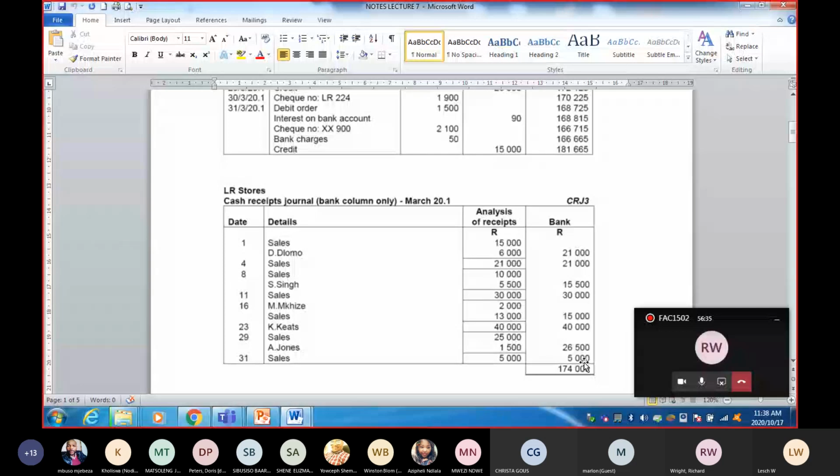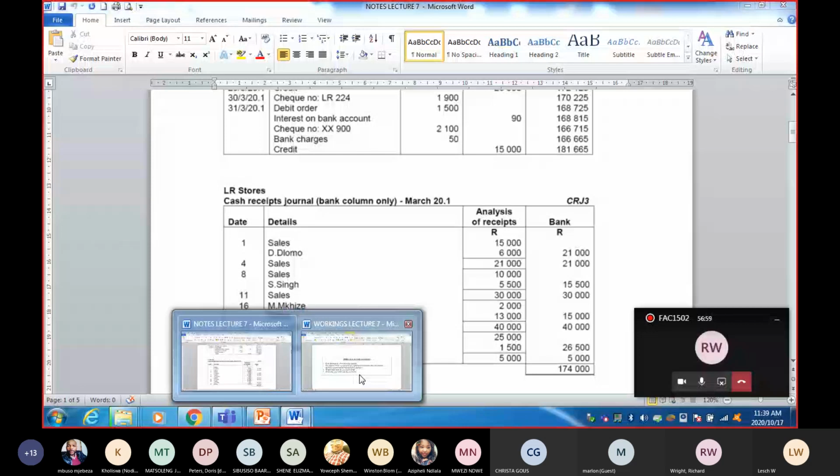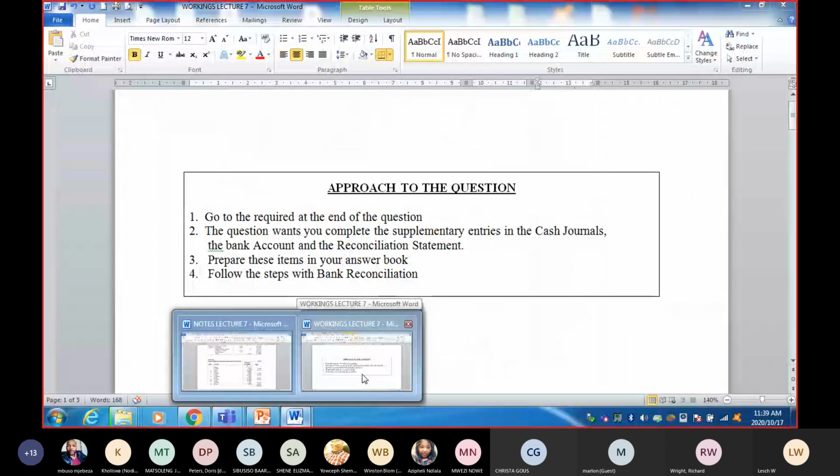So it is not the same 5,000 that we are talking about here. I have now compared my cash receipts journal with my bank statement. The 5,000 Rand that was deposited on the 31st is not on my bank statement. Therefore, I will now make an entry in my bank reconciliation statement.